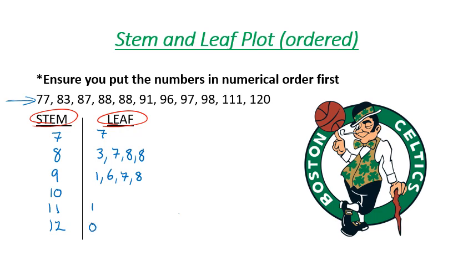Now you'll notice that in this section here, the tens actually go with each of the units. So we only ever write the unit digit, because the 8 and the 9 in the stem represent the 8 and the 9 of all of those numbers that we've included.